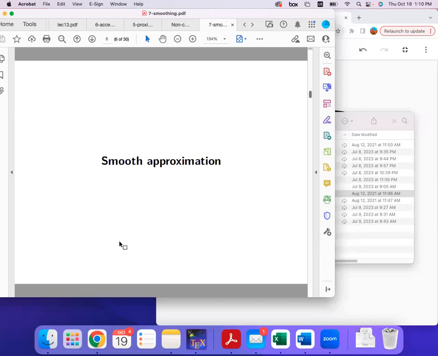So the first question is, what is a formal mathematical way to smooth a non-smooth function?